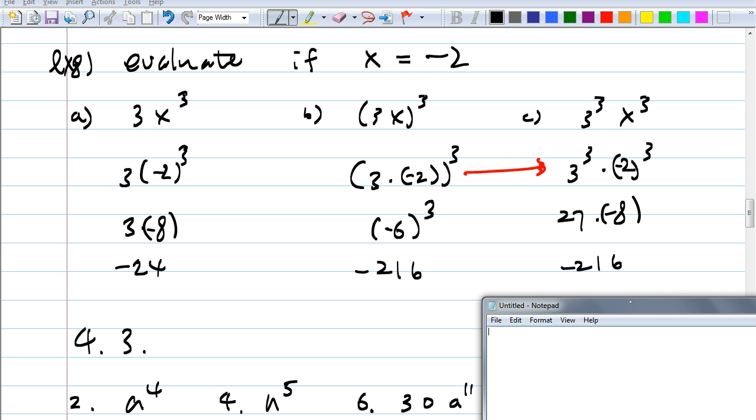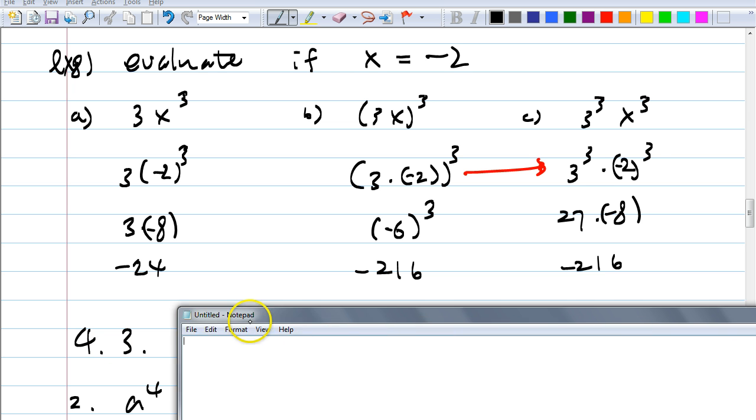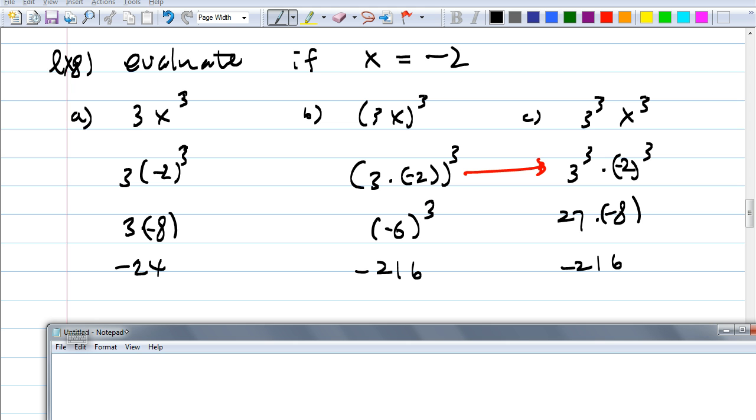Because on B, it turns into 3 cubed times negative 2 cubed. Exactly right. After I plug it in, isn't 3x to the third the same as using the third rule, 3 to the third, x to the third, right? So that's the same. You're exactly right. It's the same exact problem.